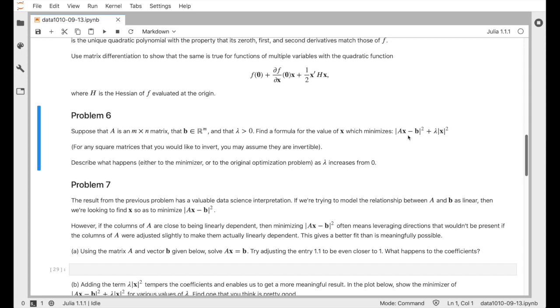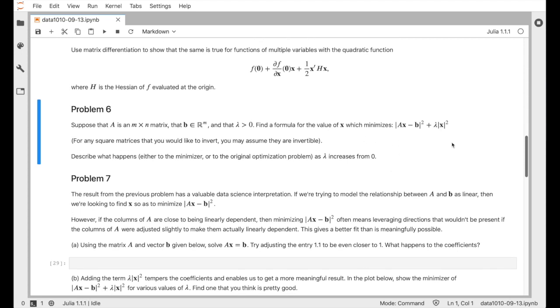So if lambda is 0, then we're just getting Ax as close to b as possible. And as lambda increases from 0, we start to decrease our coefficients. And eventually, if lambda is really, really huge, then we have to use tiny coefficients for x, because this term will be enormous otherwise. And this term starts getting really ignored, and we're just going to get very small coefficients in the vector x. So let's work this out symbolically and see what happens.